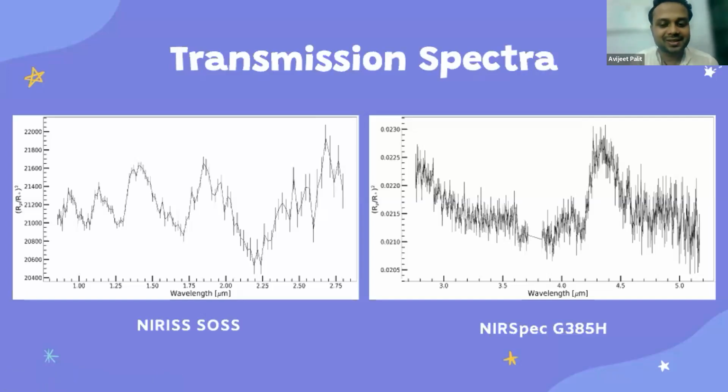Now, what is a transmission spectrum? As this whole project is based on transmission spectra, I wish to elaborate a little on it, although I believe everyone here knows that pretty well.